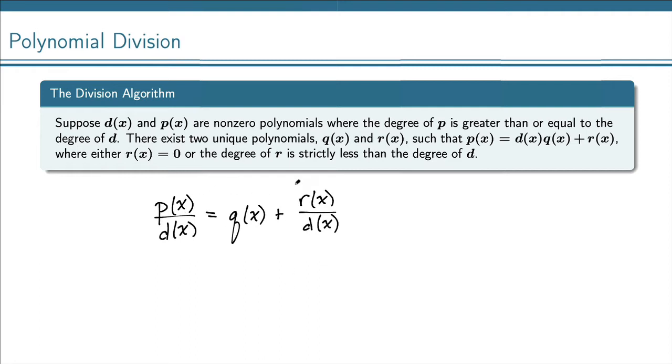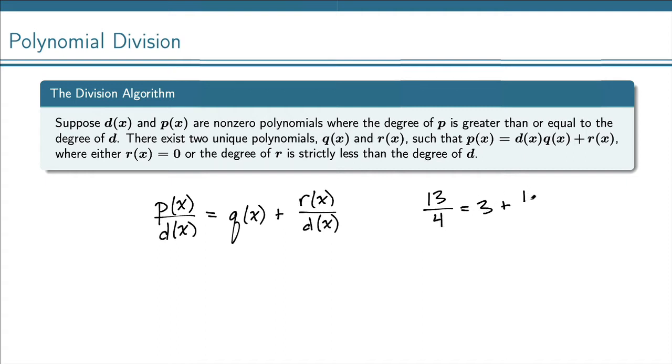Okay, and this looks a little bit more familiar because this is what happens with real numbers. For example, if I were to take 13 and divide it by 4, I know that I can write that as a whole number. Well, 4 goes into 13 a total of 3 times, and then plus a remainder. After 4 goes into 13 3 times, that gives us 12.